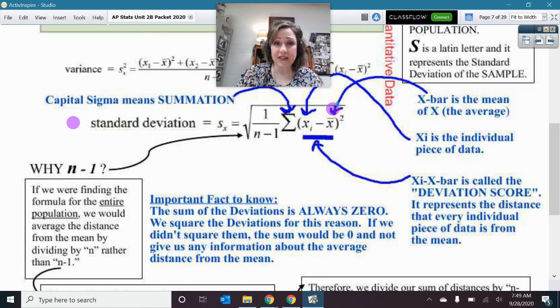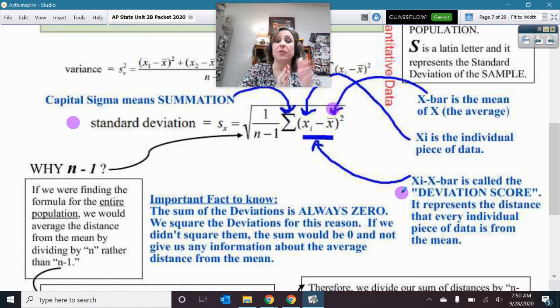So the standard deviation represents the typical or average distance all the data is from the mean. So we need to figure out how far away every piece of data is from that mean. And that is called a deviation score right here. So we're going to see how far away everybody's height is from the average height.